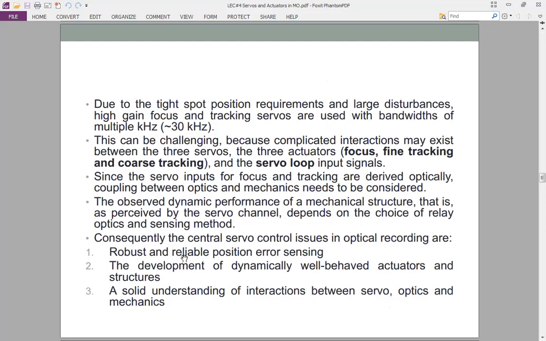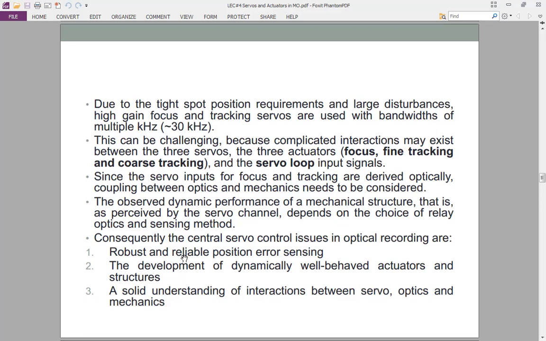Okay, due to tight spot requirements and large disturbances, we are basically talking about the requirements of a servo system. Due to the tight spot position requirements and large disturbances, high gain focus and tracking servos are used with bandwidths of multiple kilohertz.